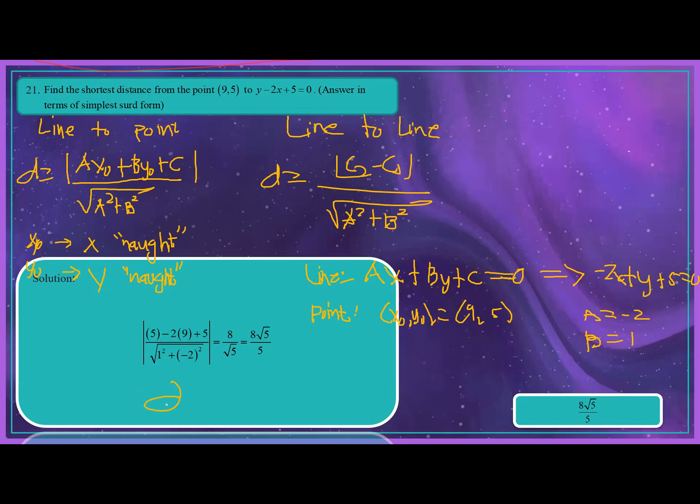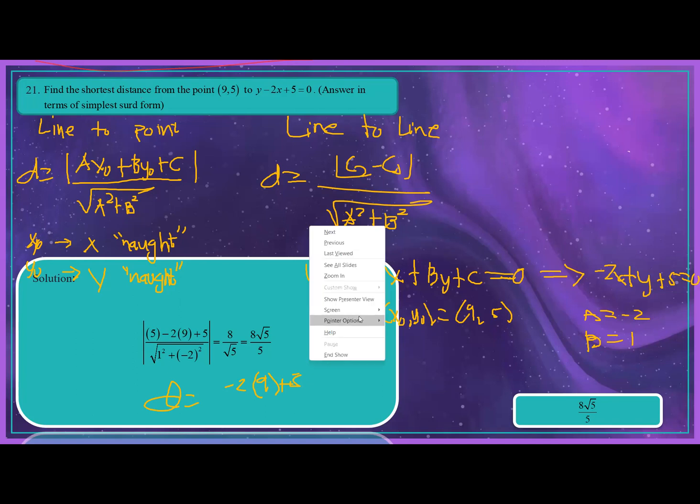Our a is negative 2 times x naught, which is 9. Then plus b, which is 1, times 5.